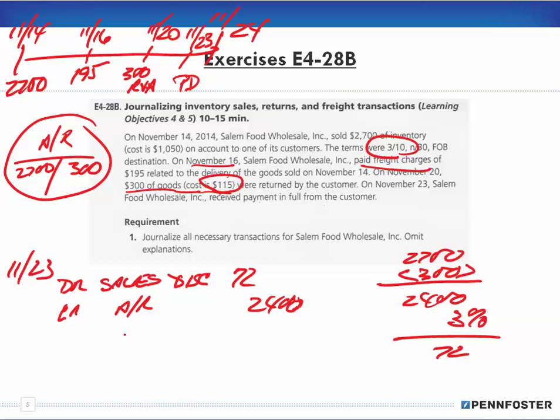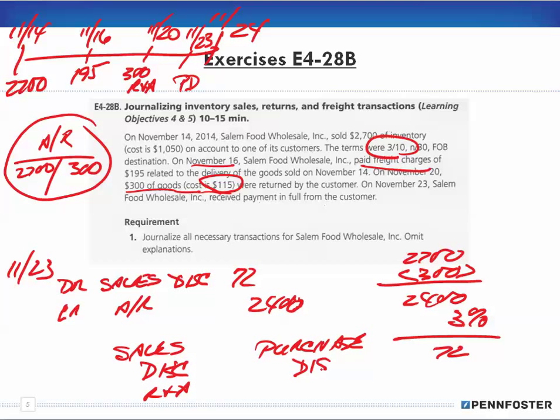A thought just popped into my mind. When we have our sales and our purchases, we will have the sales discount and the sales return and allowance contra accounts, and we can have the same thing for our purchases. We can have purchase discounts and purchase returns and allowances. Whether a company actually decides to use the discount and return and allowance accounts is up to them.